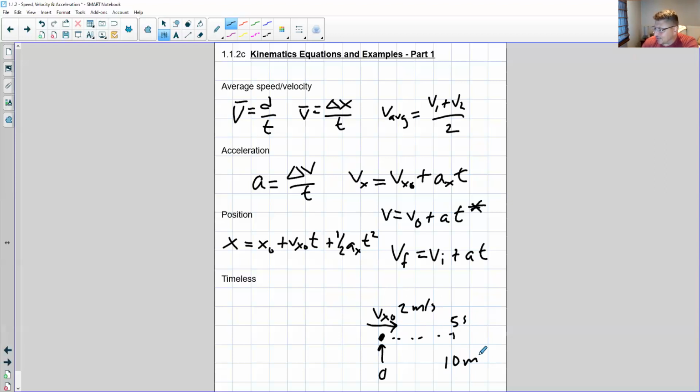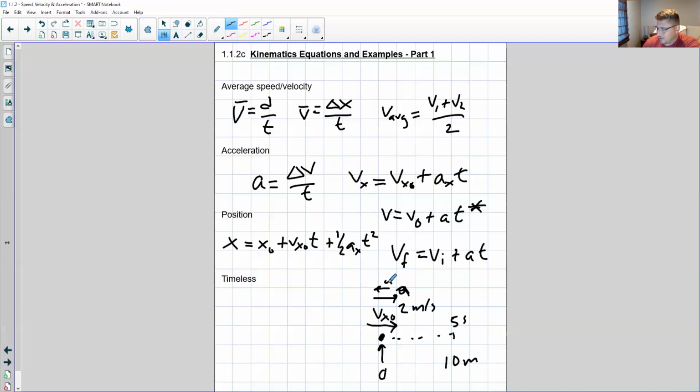If we did not accelerate at all, that means that the acceleration part of this equation is 0, and therefore we would move 10 meters. But what if we did accelerate? What if not only did we have an initial velocity, let's say we also accelerated? That means in those 5 seconds, we're going to go farther than 10 meters, because we're not only going in that direction, we're also speeding up. But what if our acceleration was this way?